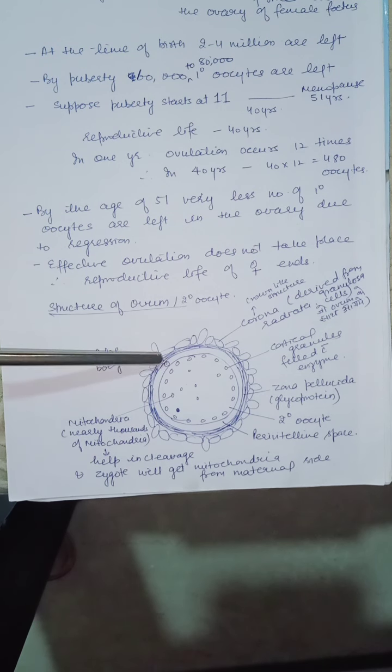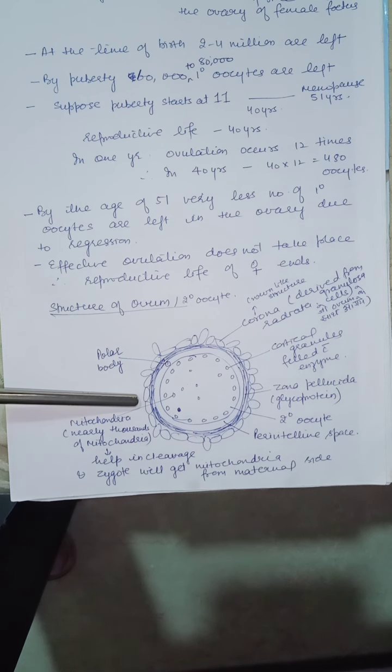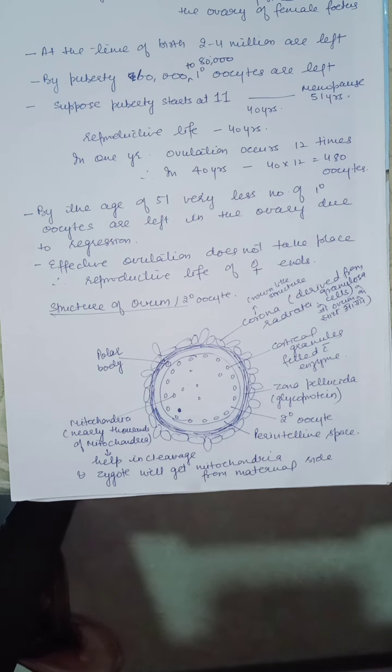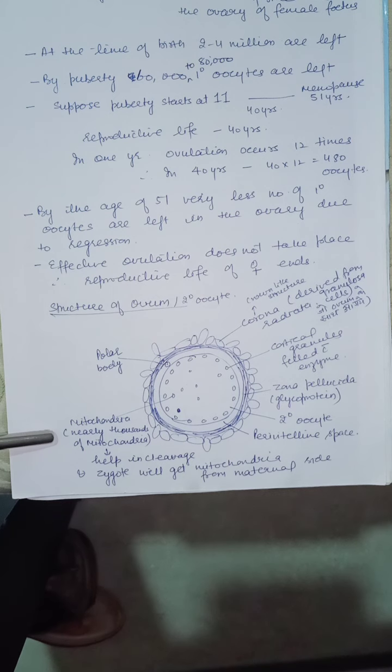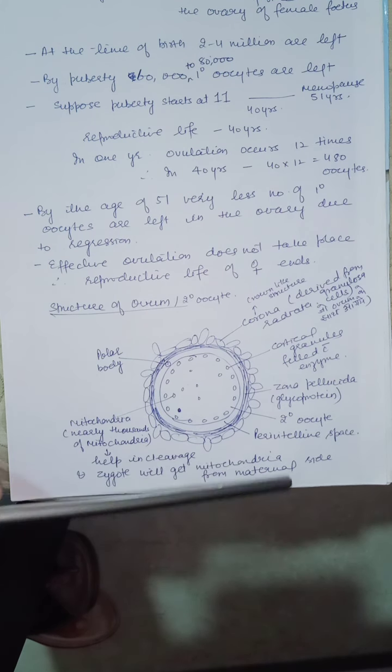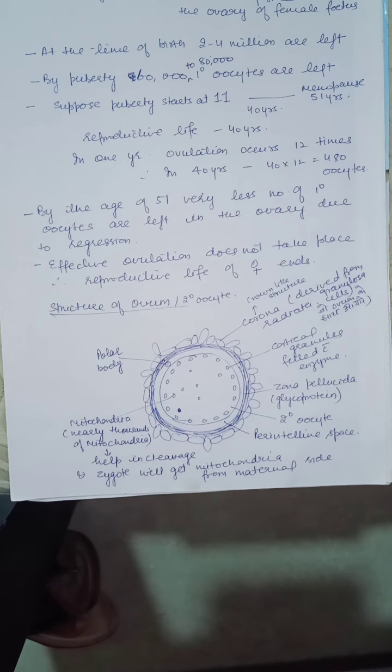Mitochondria is contributed to the zygote by the ovum, and mitochondria is responsible for maternal inheritance. Nearly thousands of mitochondria will help in cleavage, and zygote will get mitochondria from maternal side. So it is also known as maternal inheritance.